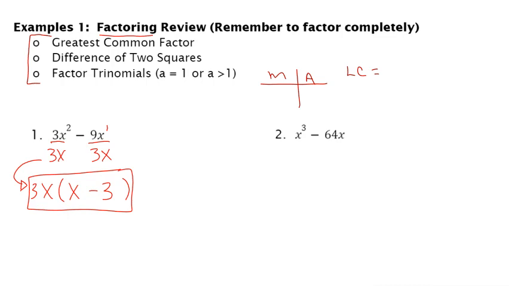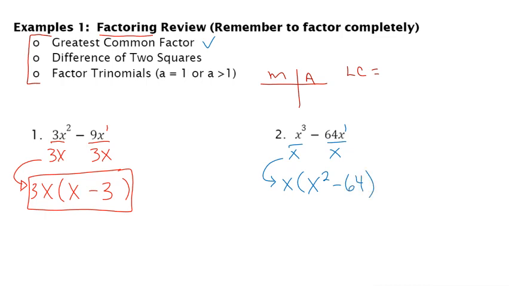For the second example, you might have more than one type of factoring you need to do. If I go through this like a checklist, I'm first going to check for a greatest common factor, and they both actually share an x. So I have an x to the 3rd, an x to the 1. When we pull out that x, we have x squared minus 64.